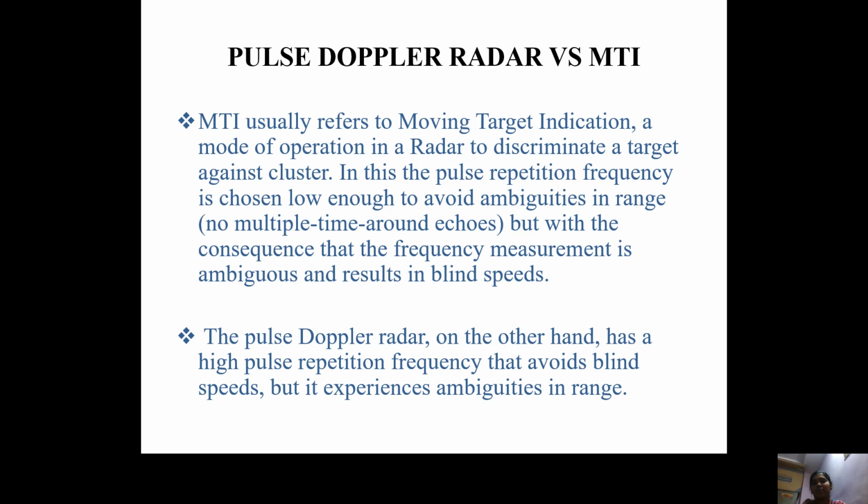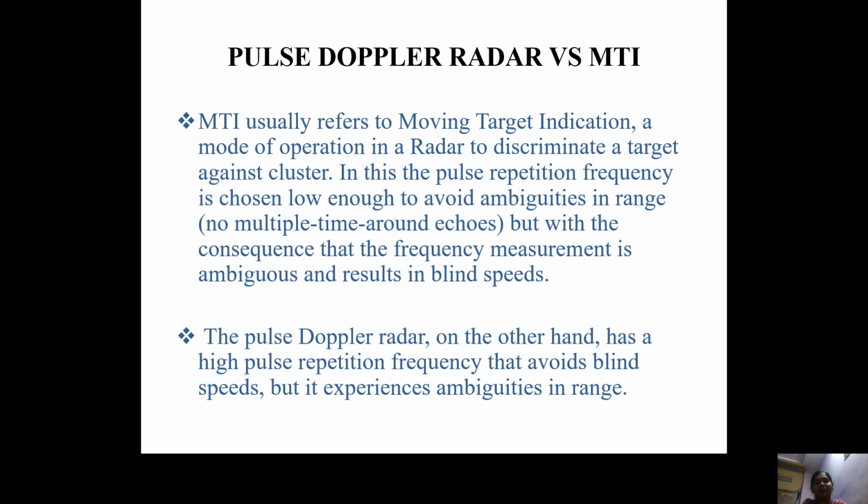Blind speeds are the speeds at which the targets will not be seen by the radar. But here we are interested in the moving target. Range can be easily determined, but sometimes due to the low frequencies, the blind speed at which the wave is approaching cannot be determined. So we have to compromise with relative velocity here.